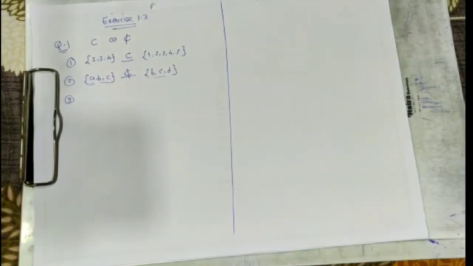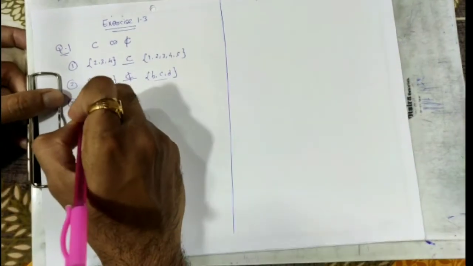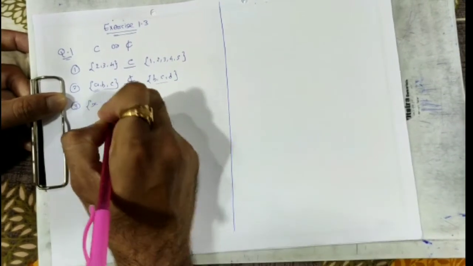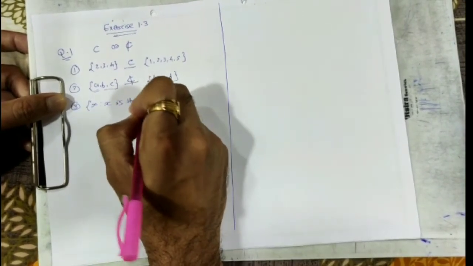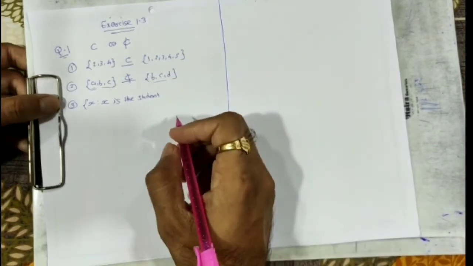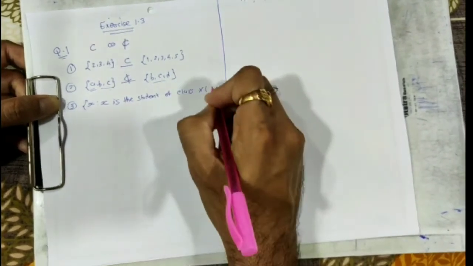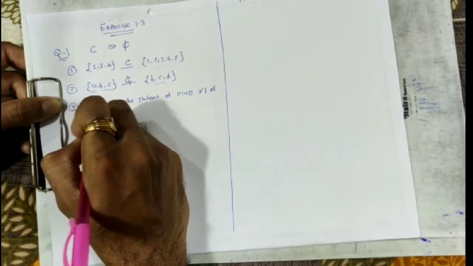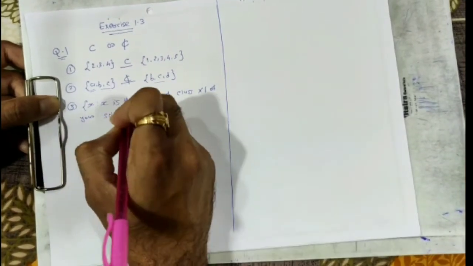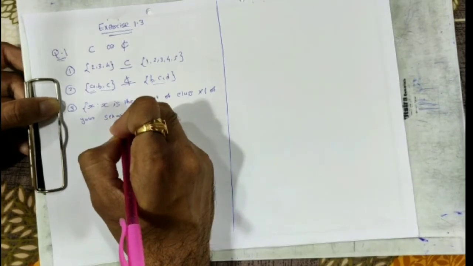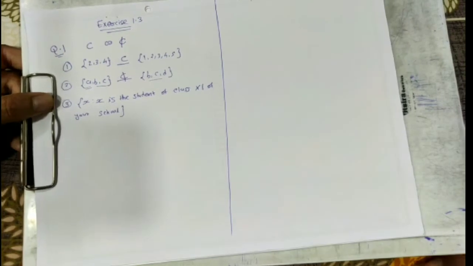In the third question we are given {x: x is a student of class 11 of your school} and {x: x is a student of your school}. Which set is given?